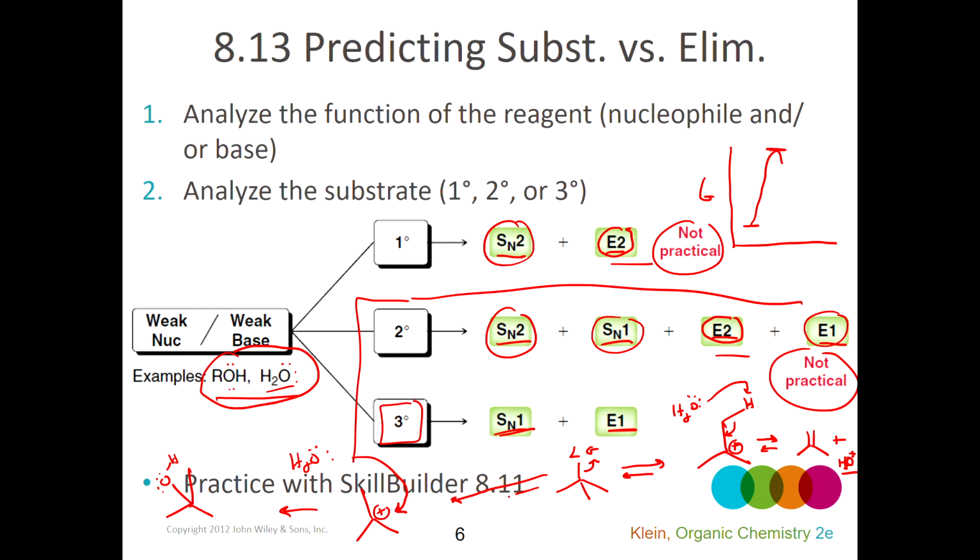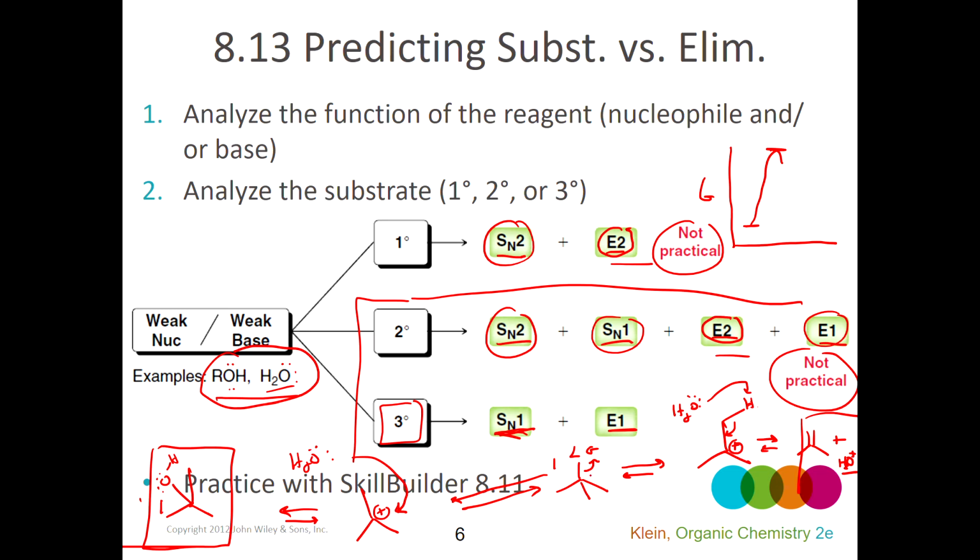So what makes this process reasonable and practical is the fact that there's a different entropy on one product side versus the other. So in the substitution SN1 products, I have 1 molecule for every 1 molecule that I started with. It's a 1-to-1 ratio here.